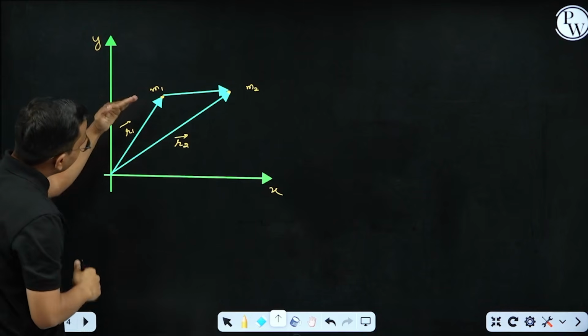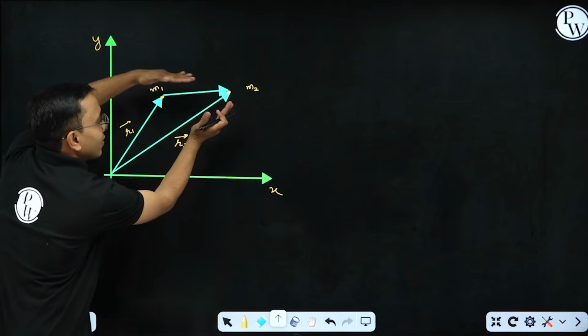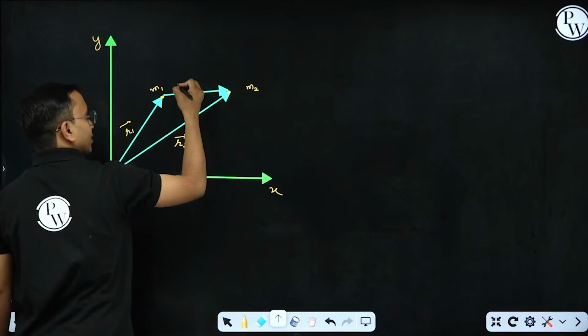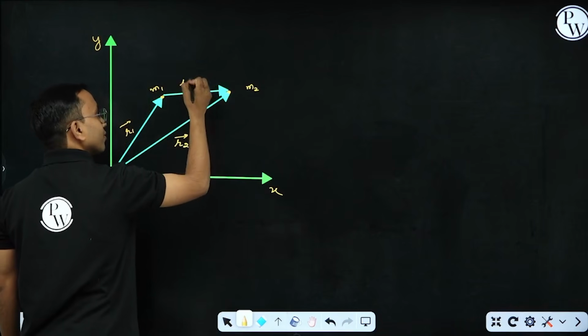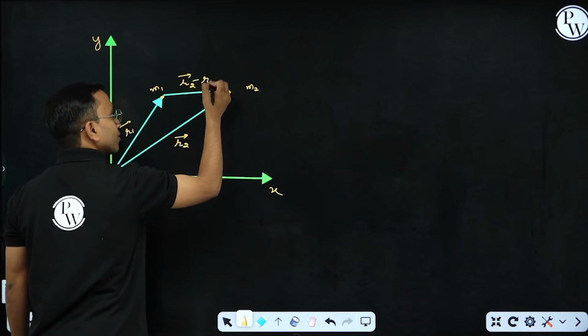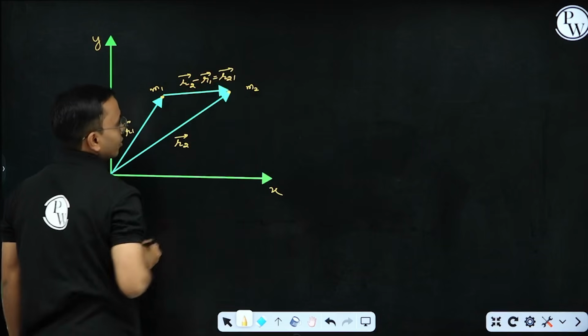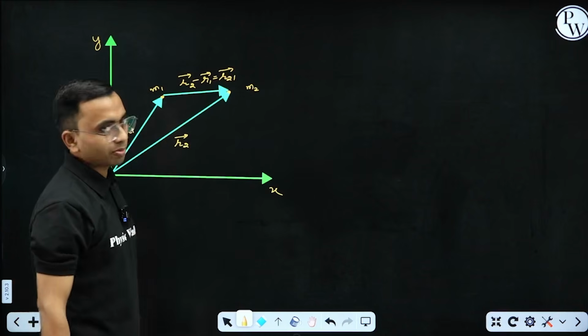This vector plus this vector is equal to my R2. So this vector is R2 minus R1. Getting it? And this becomes my R21. What is the direction of R21? Towards the right, in this direction is my R21.